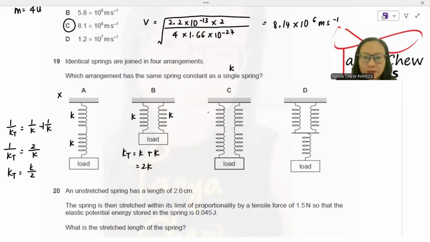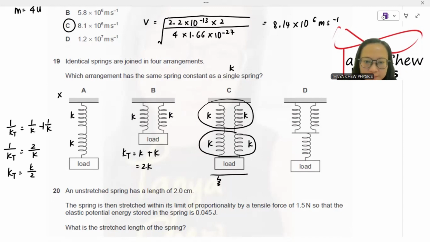What about C? The two springs are arranged in series as well as parallel. So I'm going to solve for parallel first. These two springs, I get 2K, and then these two springs, I get 2K. So I simplified it. These two are parallel, so this is in series.